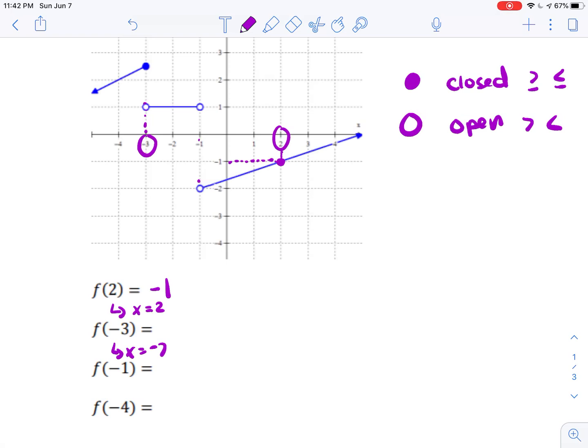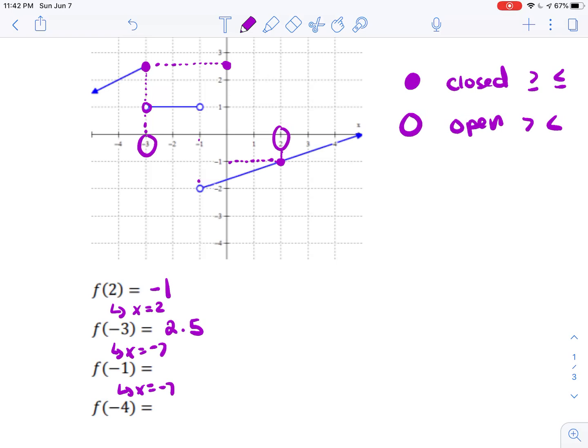So looking at this particular example, we were going to skip over this one because this is open, meaning -3 is not defined there. But this part right here is closed, meaning that is the value that is going to satisfy this piecewise function. Now, when we look at this, we have to estimate that's going to be about 2.5. Okay, and that's fine as long as we choose the one that is closed.